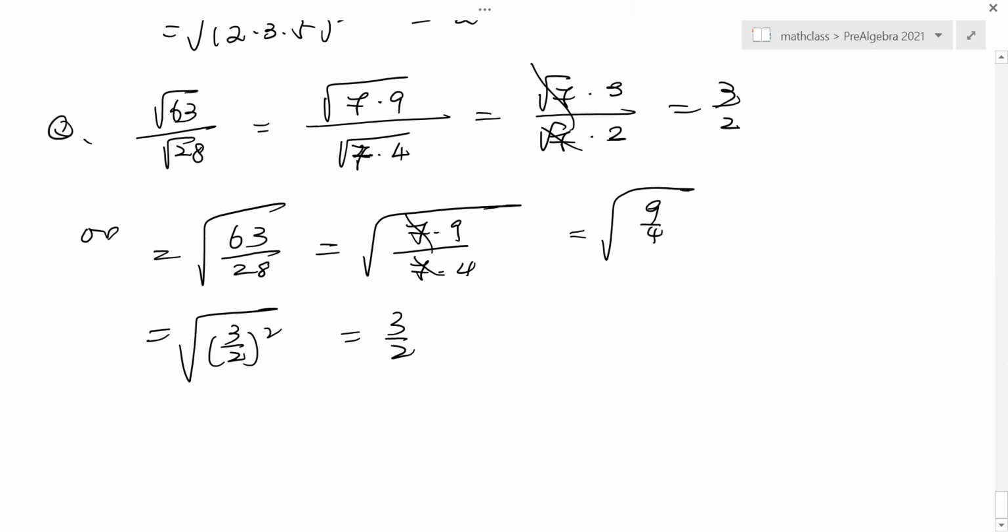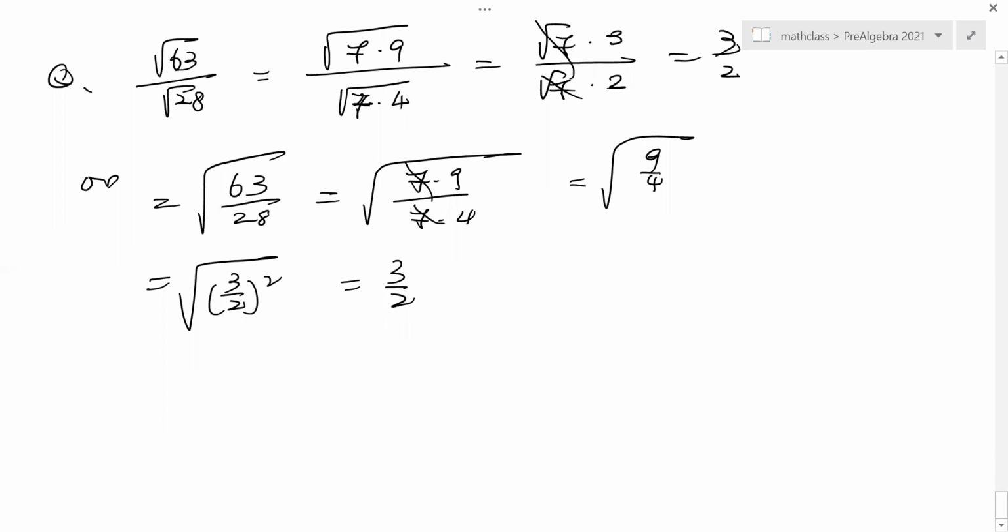Now what I want to share with you is another important trick, a more important trick. We are going to use it in many cases to simplify expressions. This is an important fact.